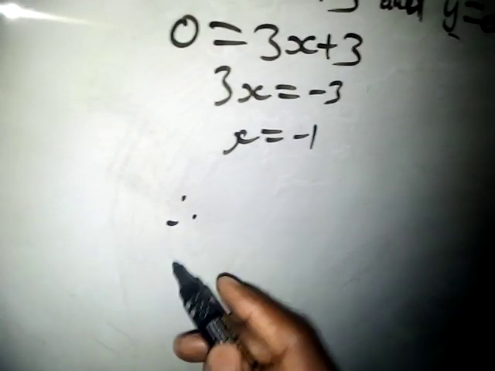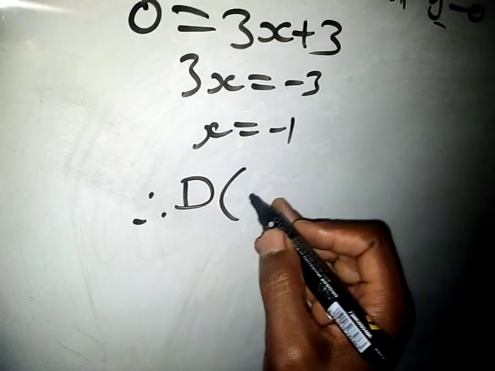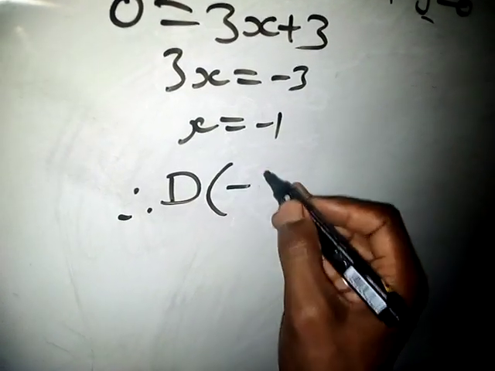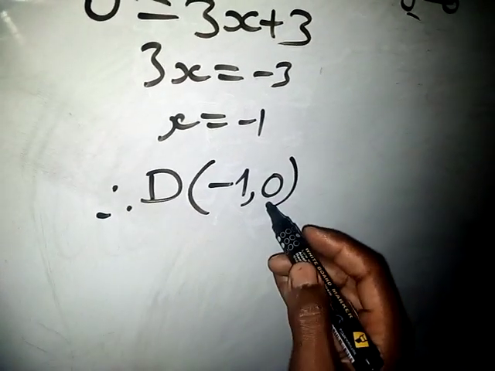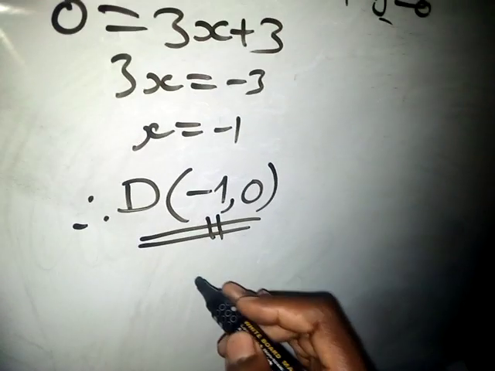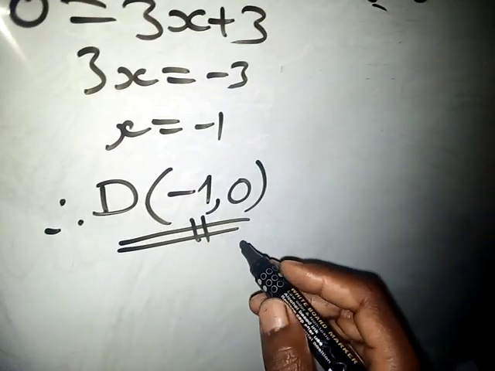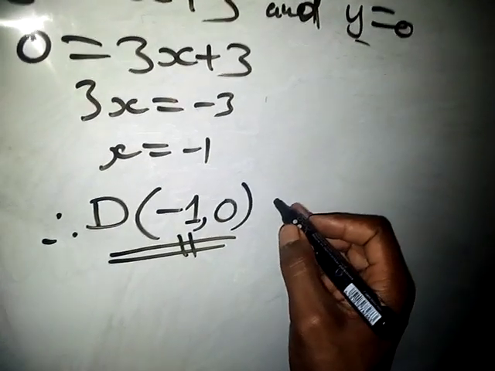Therefore, take note, the coordinates of point D are -1, 0, because on the x-axis any y value equals 0. This becomes the first point.